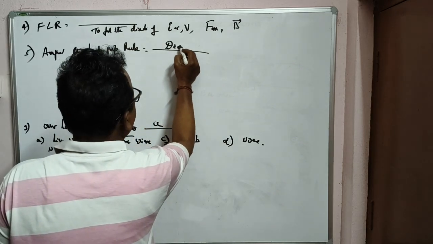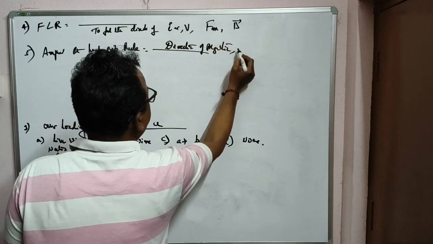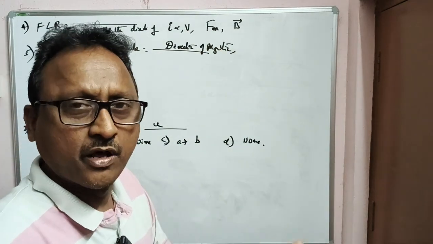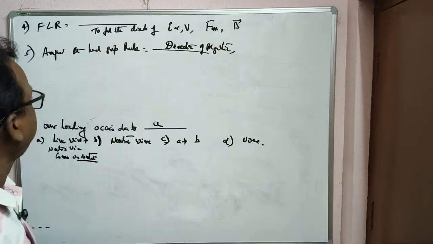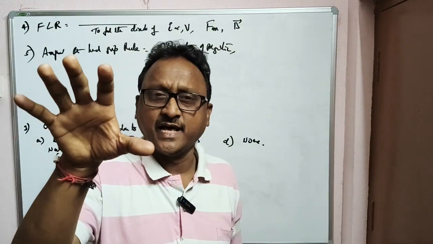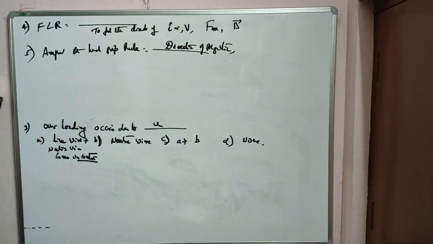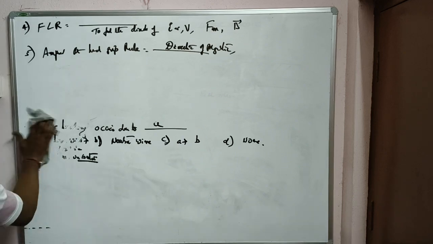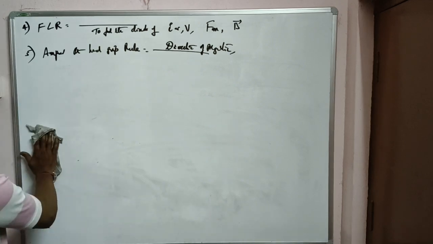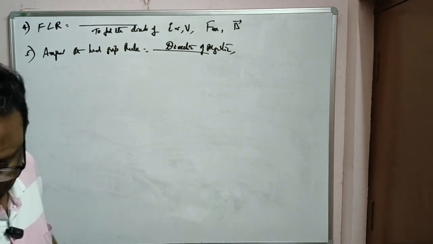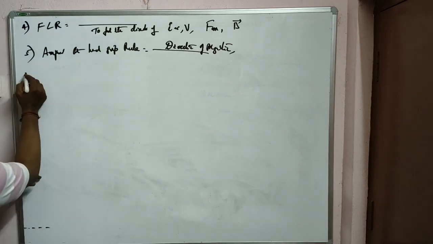That is the answer. We can find the direction of magnetic field, whether it is going inside the board or outside the board. This is mainly used by using Ampere's right hand grip rule. I told you in the beginning. Next one. Sixth question.